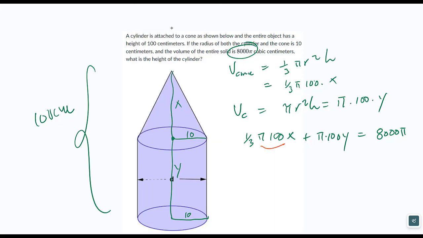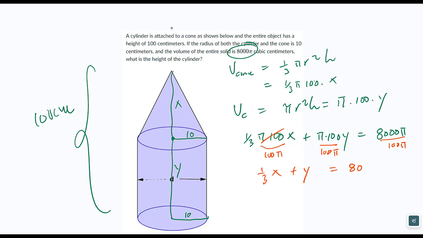I'm going to divide throughout everything by 100 pi. So I'm going to have 1/3 x plus y equal to 80.